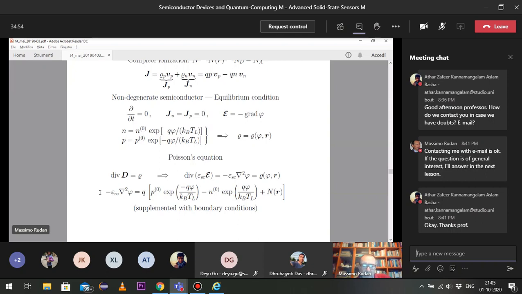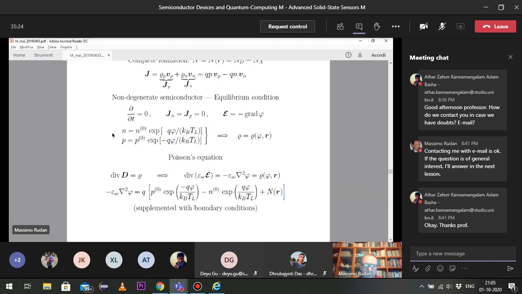In this easy case, once you have calculated the solution of the Poisson equation, and because of this you know phi everywhere in the semiconductor, you can simply place phi in these exponents, and you immediately calculate the concentrations N and P at any position of the semiconductor.